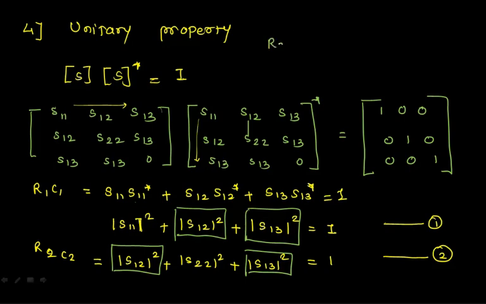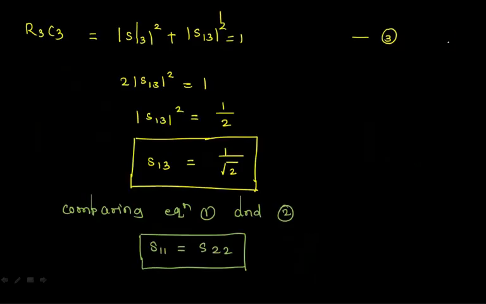So R3C1 gives me S13 S11 complex conjugate plus S13 S12 complex conjugate is equal to 0.